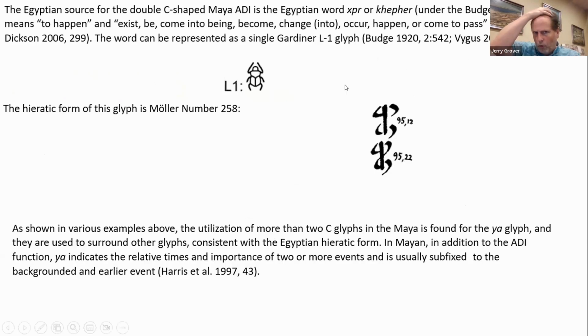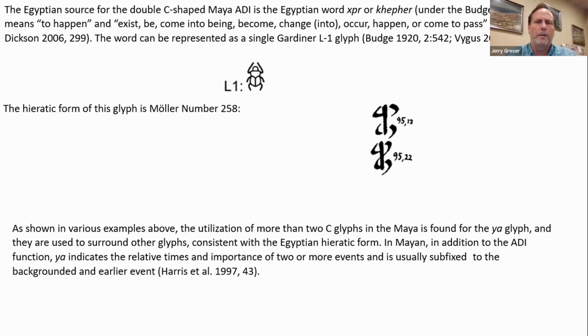So looking at the source of this is a little bit trickier. Trying to figure out where that came from originally in the Egyptian, from the Reformed Egyptian. Although I did figure it out, I think.